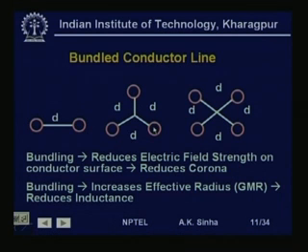Here you see a bundle conductor with two conductors, here a bundle conductor with three conductors and a bundle conductor with four conductors. In fact, for very high voltage lines sometimes we use more than 4 conductors also. In India normally we use 2 conductors or 4 conductors for a 400 kV line, and 2 conductors sometimes are used for 220 kV lines.